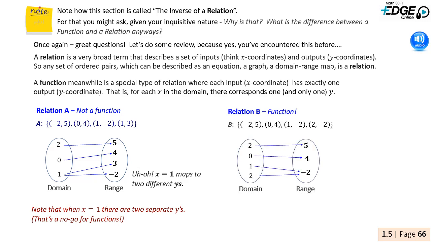In our next example, we have the points -2 and 5, 0 and 4, 1 and -2, and 2 and -2. Though we now have 2 separate x values corresponding to the same y value, no single input maps to multiple outputs. Therefore, this relation could be considered a function.